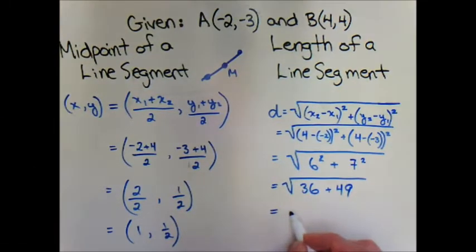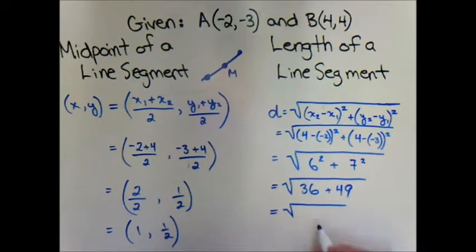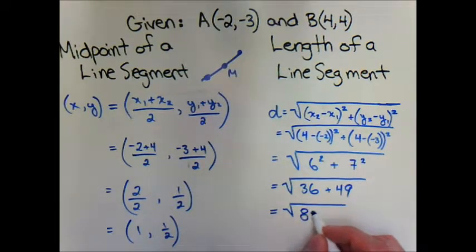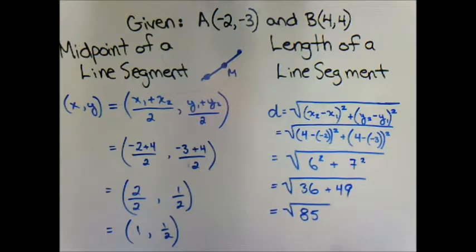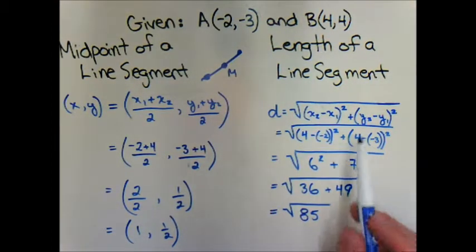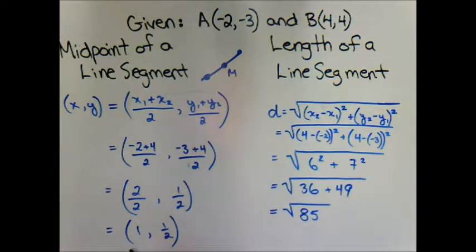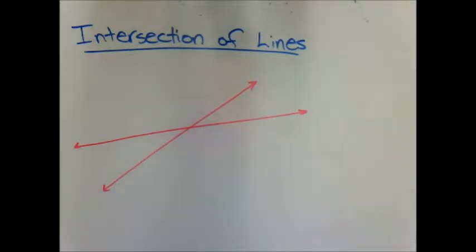Now if we add up our values inside the radical, 36 plus 49 is 85, and that is the final answer. In exact terms, that is the length of the line segment from A to B with its midpoint at the point (1, 1/2).